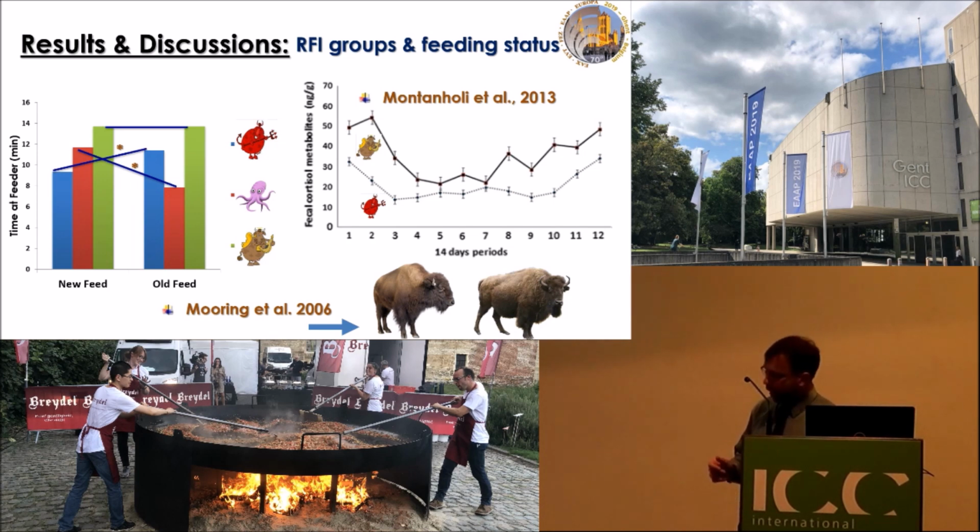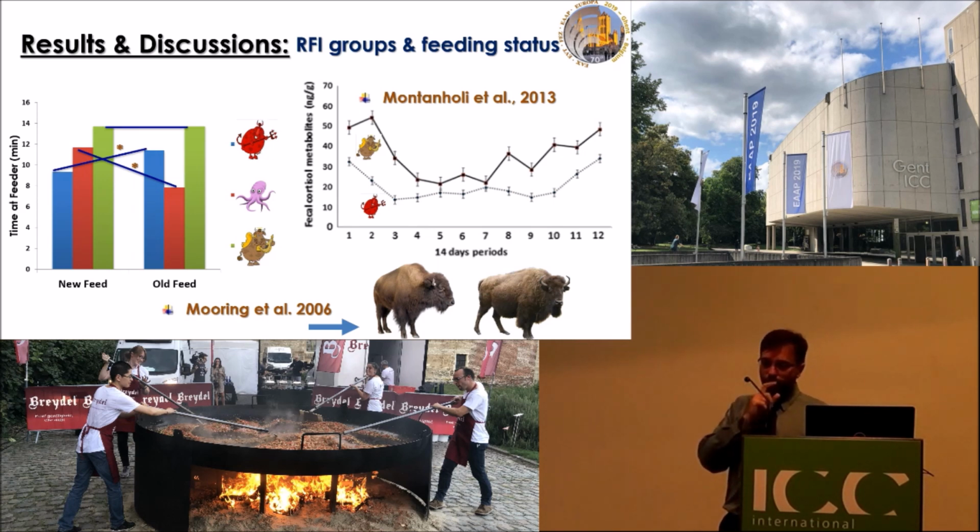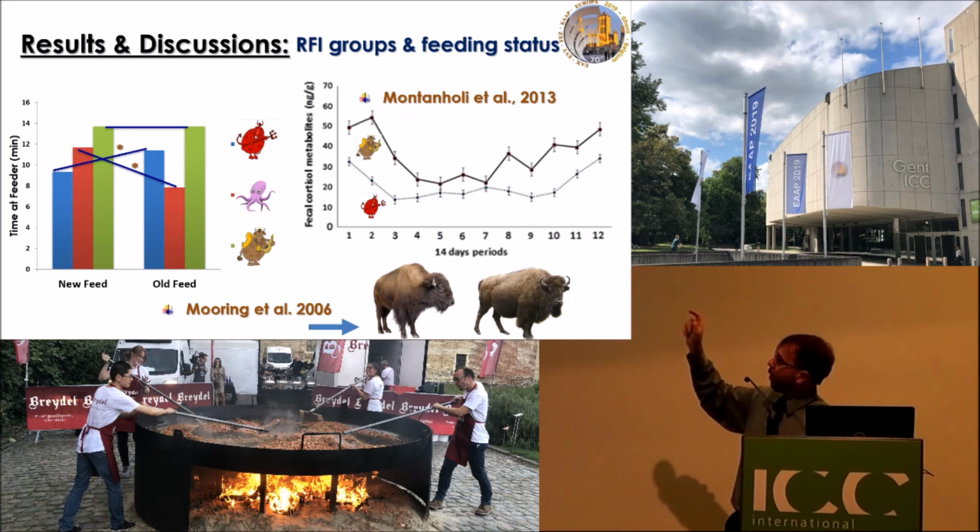And this is interesting because from the same animals, we published a paper a couple of years ago observing their fecal cortisol levels, which is a good indicator of chronic effects on the adrenal system. And we could observe that the feed efficient animals for the entire period, so 12 times 14 days here, did have higher levels of fecal cortisol.